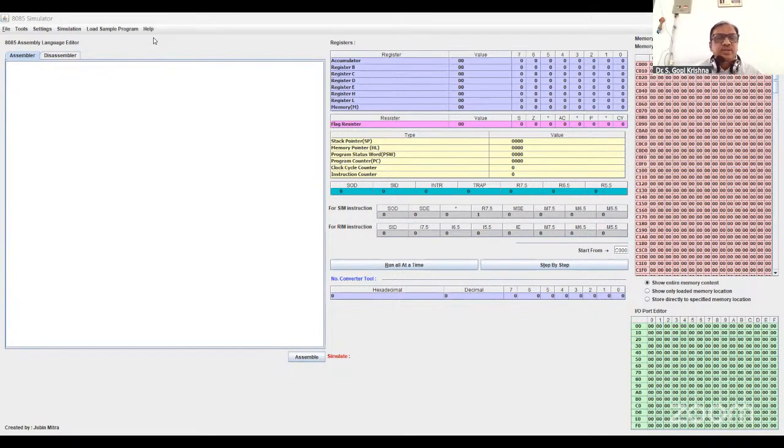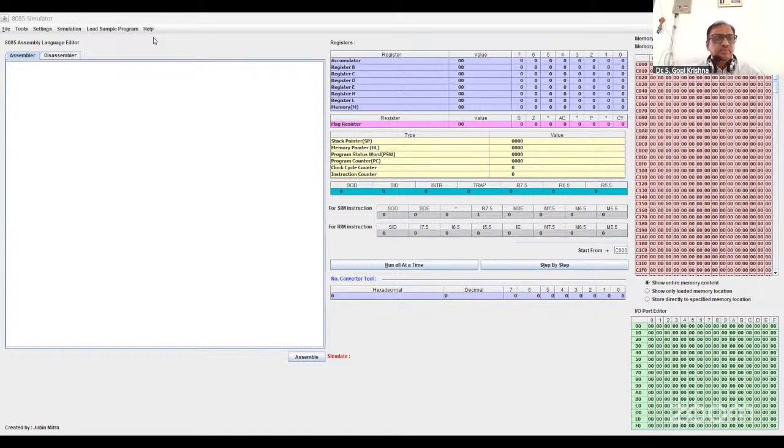Whatever the 16-bit contents are will be stored in these memory locations.